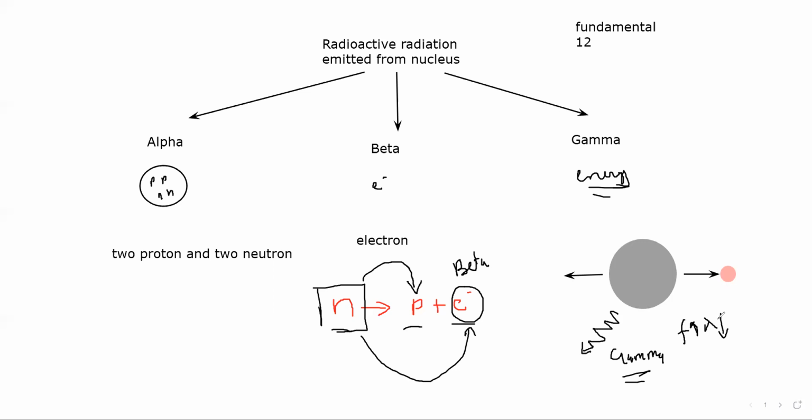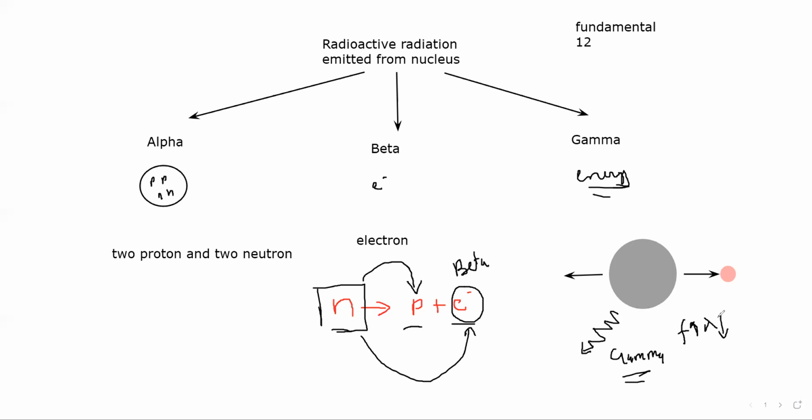So of the three types of radiation, two particles are emitted from the nucleus, and one radiation is emitted from the nucleus. So gamma or energy is released, and it is always associated with the movement of the nucleus. Whenever there is alpha emission, there will be a gamma emission. Whenever there is a beta emission, there will be a gamma emission.